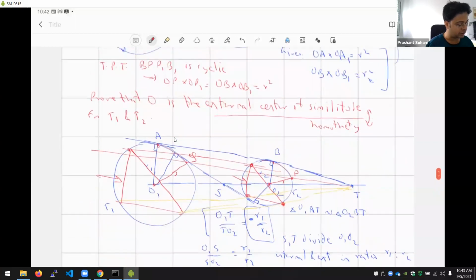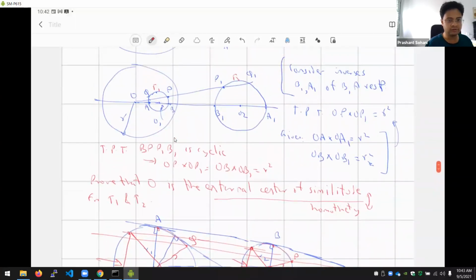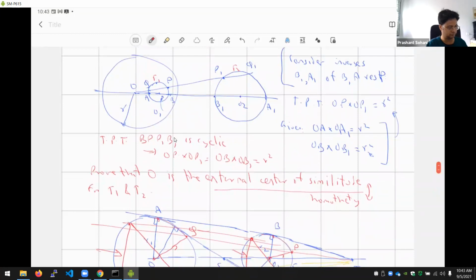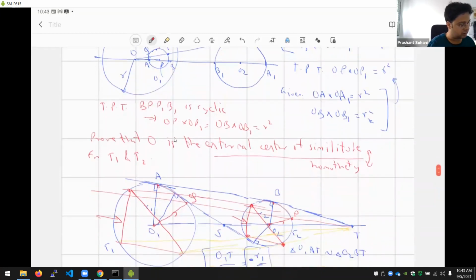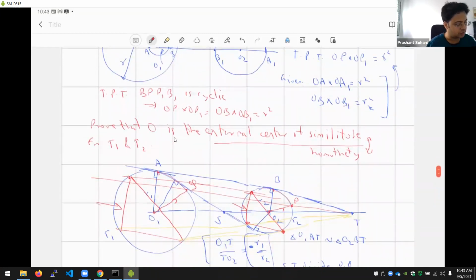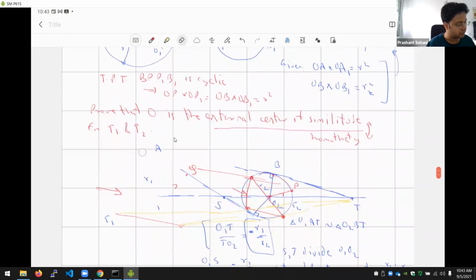So that's what I'm referring to. Going back to the diagram, what I want you to prove is that O is the center of homothety for these two circles. There are a lot of things happening in the diagram, so let me just draw some part of it again.